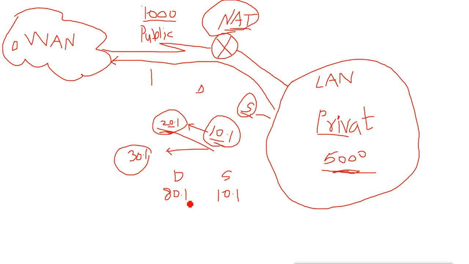For example, I am accessing an FTP server. So the destination port with the destination IP will be 21 for FTP. And the source port, remember, is assigned randomly. That means it is not necessary to have a fixed port number like 21. It could be any, let's say 5000.